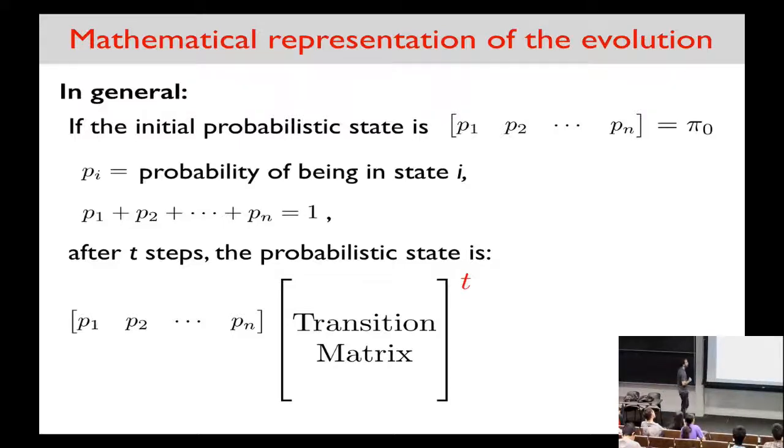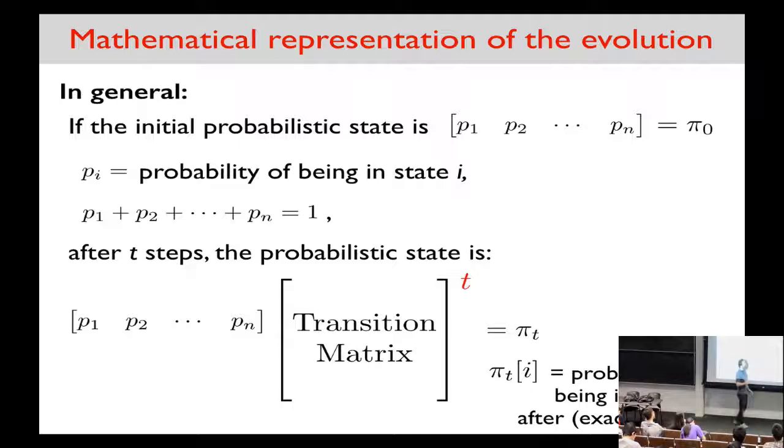And once you do that, that vector you get is pi t, the distribution of x_t, and pi_t(i), the ith entry of pi t, is the probability of being in state i after exactly t steps.